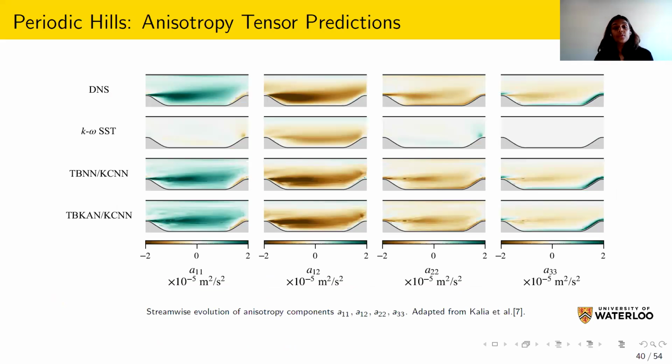Visually, if we look at the anisotropy tensor predictions, TB-CAN and TBNN seem very similar to each other. K-omega SST again just fails to capture the diagonal components of the anisotropy tensor.